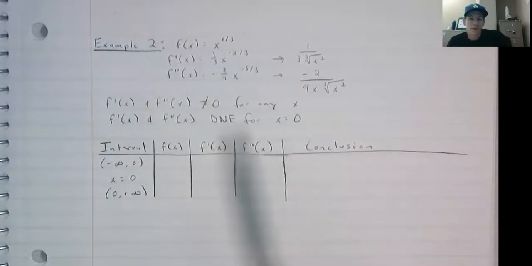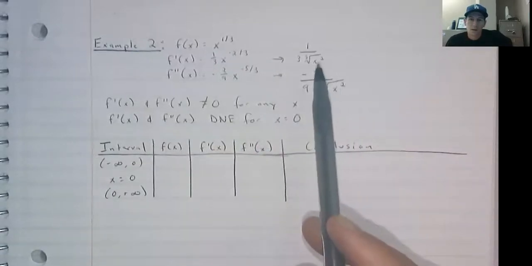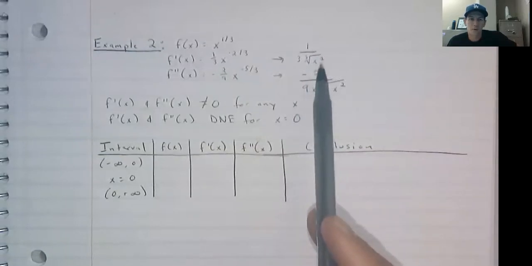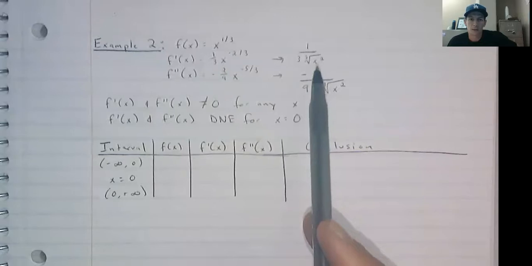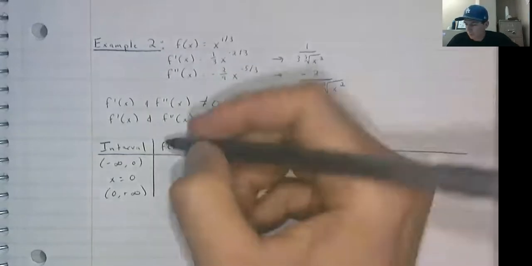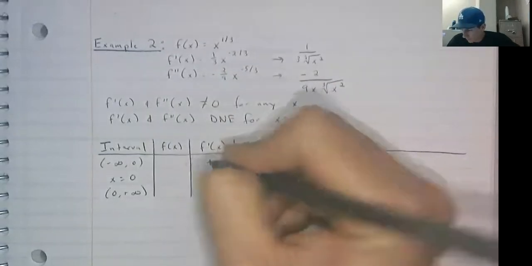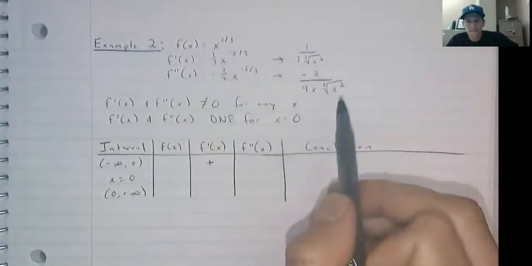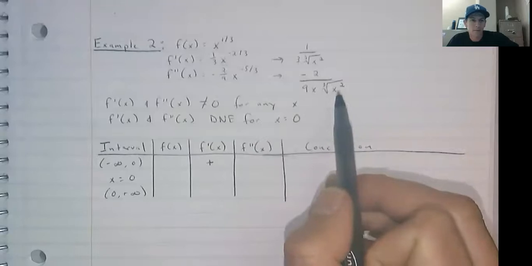So when we are left of 0, our first derivative, well, we're squaring the input, so it's always going to make it positive, even if it's negative. That's going to be a positive first derivative. For our second derivative, you put a negative number in there, it becomes positive.